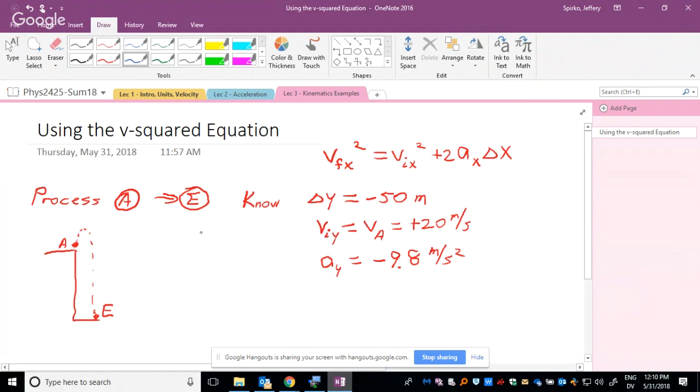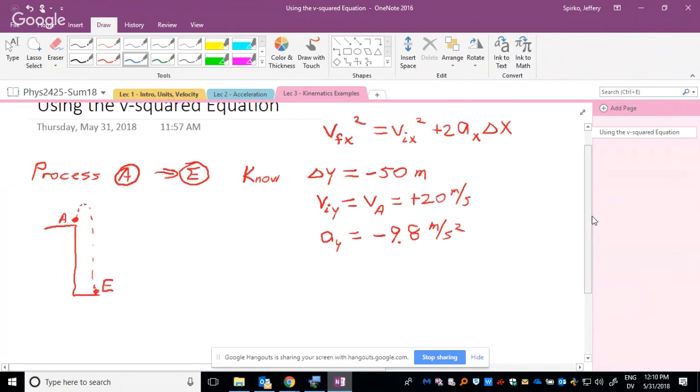If we try to use the delta Y equation, the one with the 1/2 AT squared term in it, then we end up trying to solve for time, which is a bit of a pain, and I'd rather avoid it because I tend to make mistakes when I try to solve a quadratic equation.